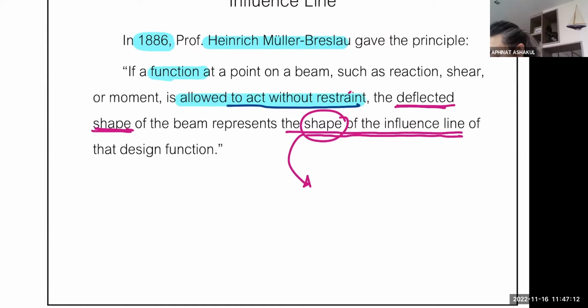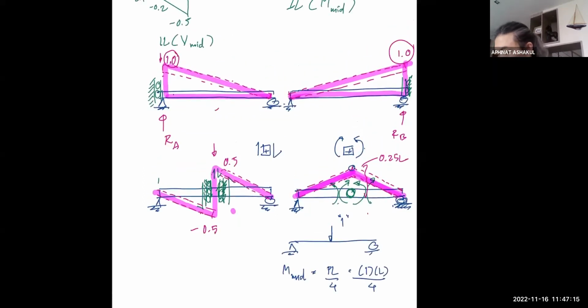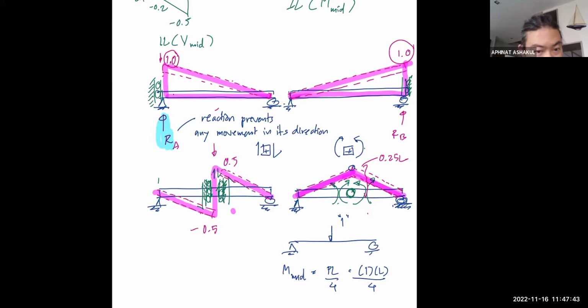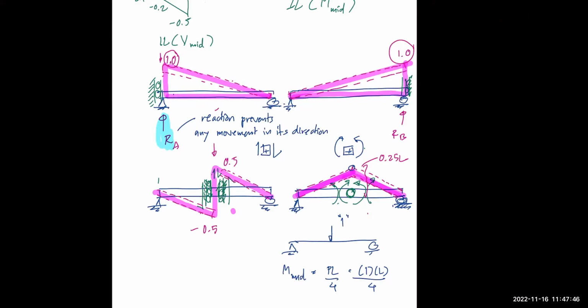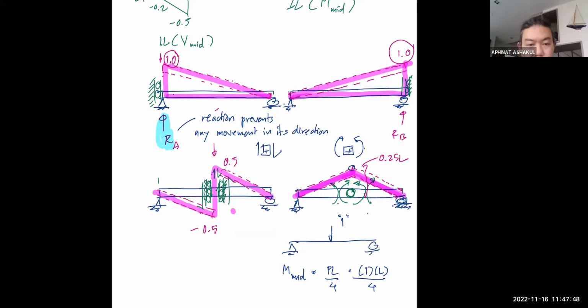So let us go back here. To act without restraint, what does it mean? This is your reaction, right? If you have the reaction in the vertical direction, it means that the reaction itself prevents any movement in its direction. So do you agree with me on this one? Yes. Okay. So whenever you have the reaction, it means that you will not have movement in that direction.